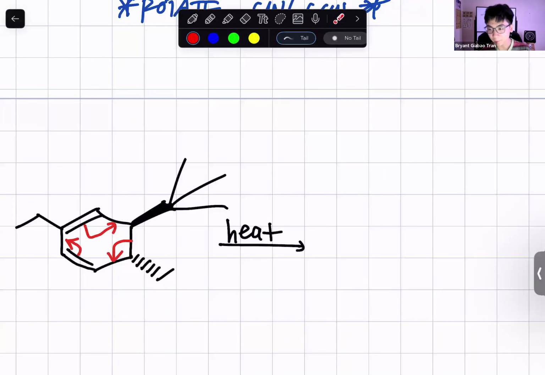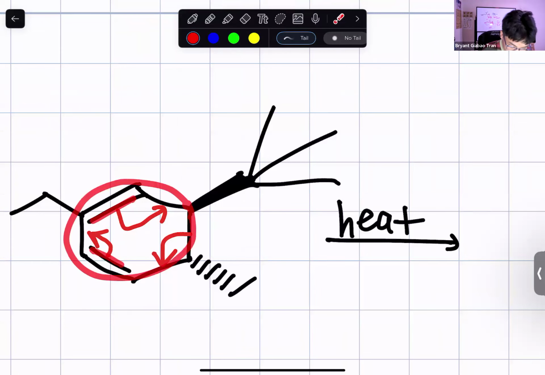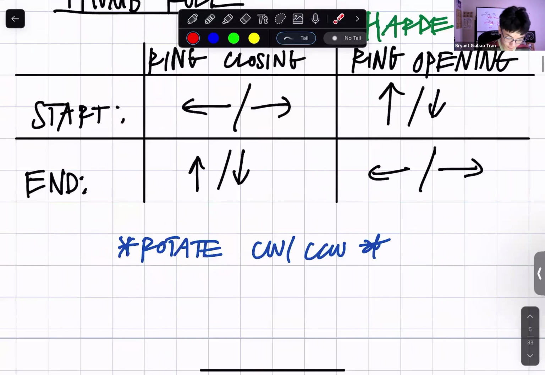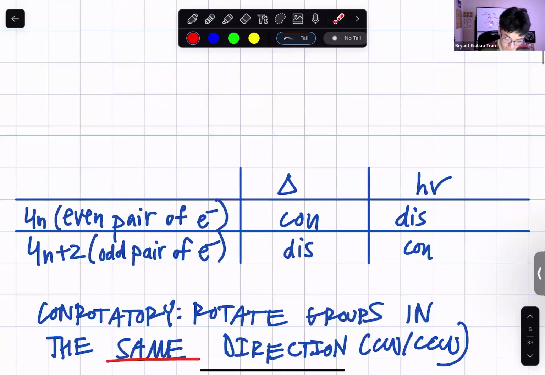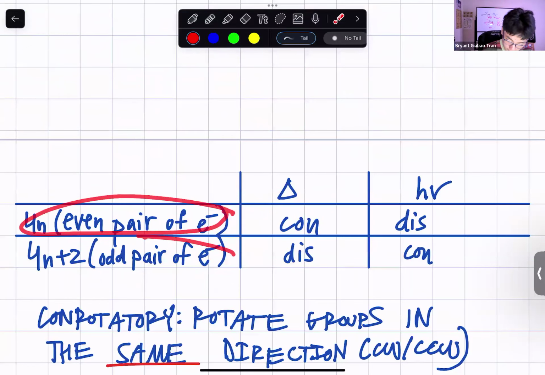Yeah, so degrees of unsaturation, that's another way to think about it, right? A double bond counts as 1 degree of unsaturation, this is another degree of unsaturation, and this whole ring right here is a degree of unsaturation. So that's 3 degrees of unsaturation, or 3 pairs of electrons. So you could replace this table as saying even number of degrees of unsaturation, or an odd number of degrees of unsaturation.